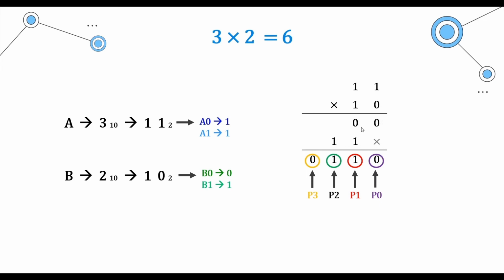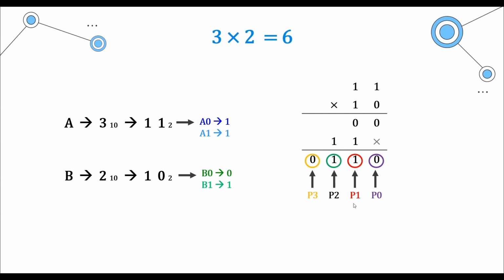Then here 0 plus 1 equals 1. Here it is considered as 0, so 0 plus 0 is 0. As we mentioned earlier, for the multiplication of 2-bit numbers, the output can have a maximum of 4 values. So this is the fourth value, and we consider it as 0. So these are the output values: P0 is 0, P1 is 1, P2 is 1, and P3 is 0.